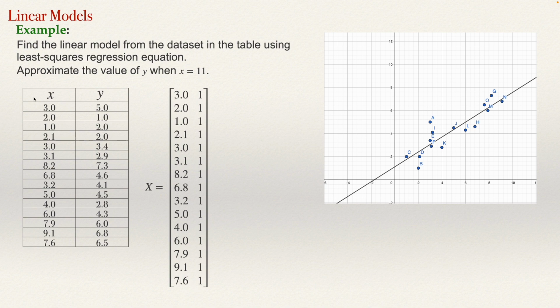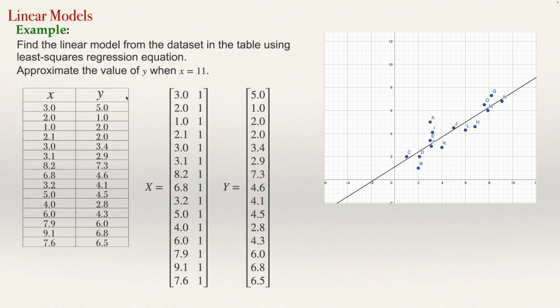If we have more independent variables, we can actually make a bigger X matrix. And a matrix y that is only a column vector with all the values of y. We are going to find a vector of coefficients. In this case it will be only the slope and the intercept, so it will be of the form a, b, where a is the slope and b is the intercept.